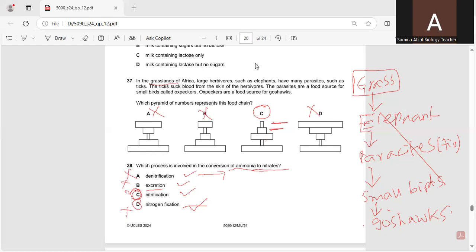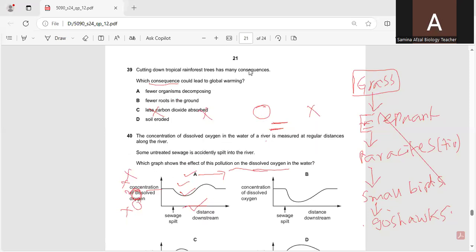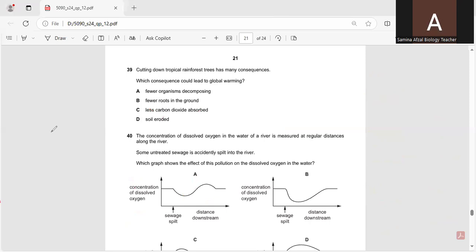Next question, number 39. In question number 39, cutting down tropical rainforest trees has many consequences. Which consequence could lead to global warming? Fewer organisms decomposing. This is the wrong option. Fewer roots in the ground. Wrong option.